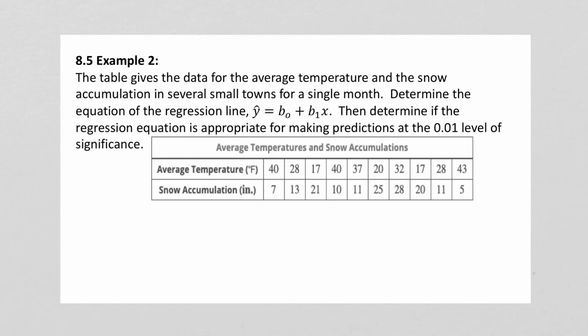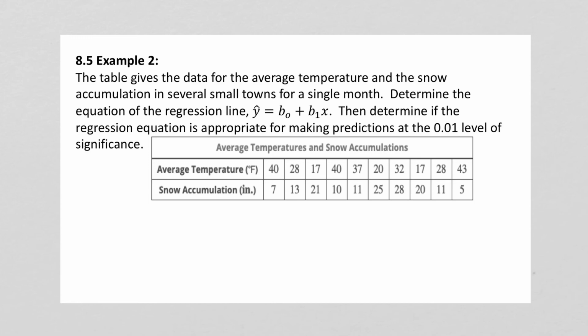And then for example 2, this table gives data for the average temperature and snow accumulation in several small towns for a single month. Determine the equation of the regression line. And notice how it puts b naught plus b sub 1 x. That's the same thing as mx plus b, but there's a little catch.